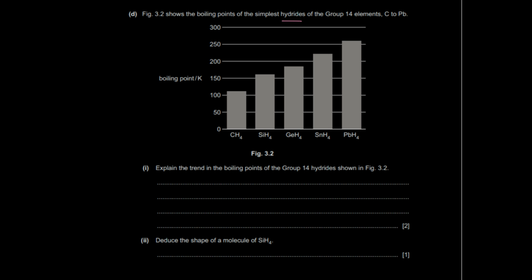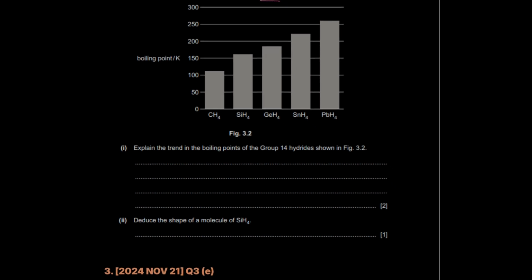So I'm going to tell the examiner, hey, first of all, let me show you the trend. There's an increase in boiling point from CH4 to PbH4. Now I say explain it as well. We know that the increase in boiling point depends on the number of electrons. They're all going to depend on the number of electrons, right?